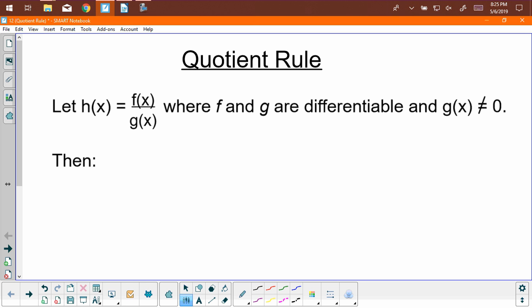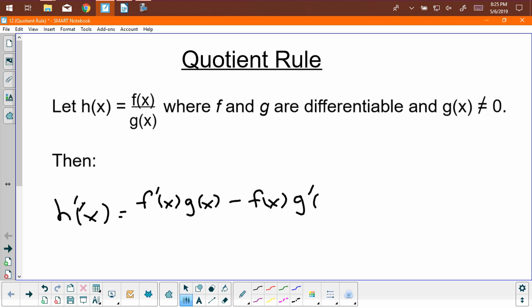So if those are good to go, we know how to take the derivatives of both the numerator and the denominator. Then the expression for the derivative is this. h prime of x is equal to the derivative of the numerator times the denominator, minus the numerator times the derivative of the denominator, all over the denominator squared.